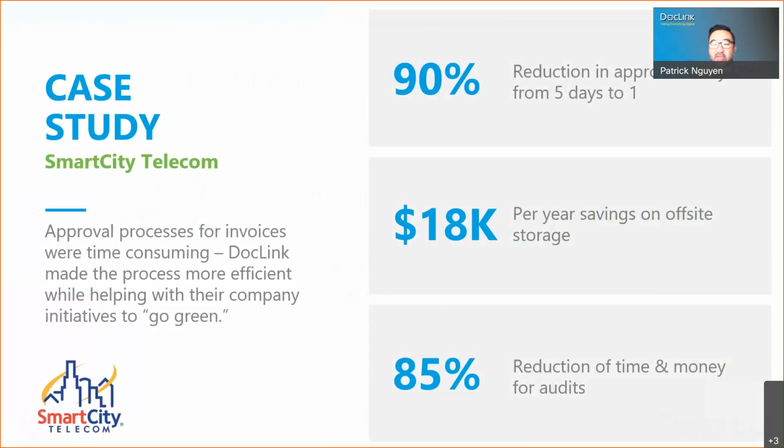Here's an example of a customer, Smart City Telecom out in Florida, with multiple acquisitions and mergers. They are a leading provider of event technology services nationwide here in the U.S. The company wanted to make its approval process for invoices more efficient, but they were also motivated to go green for their organization.